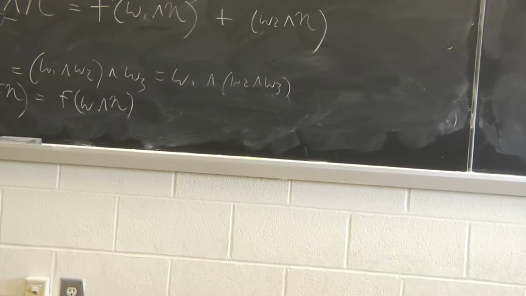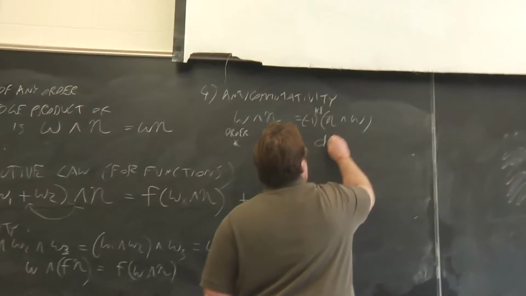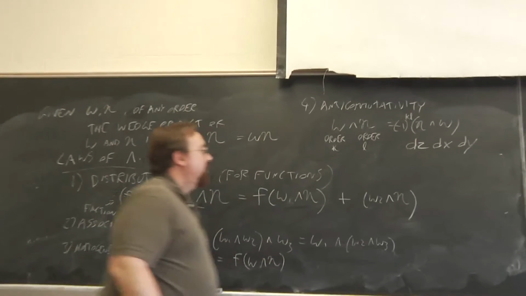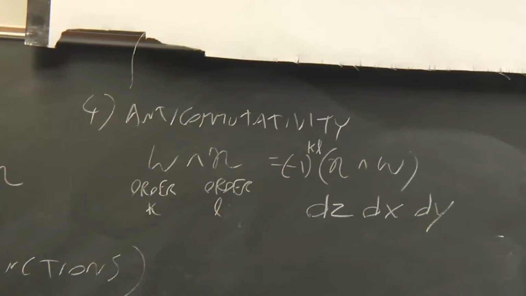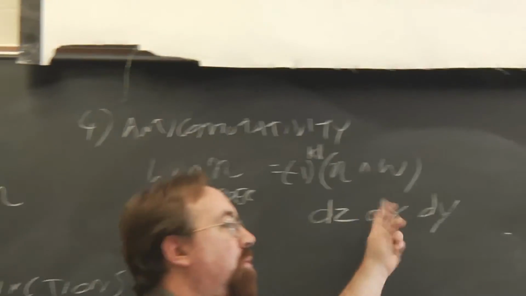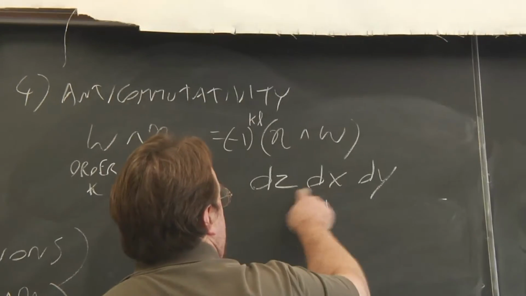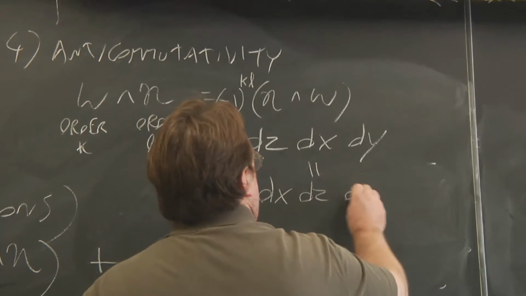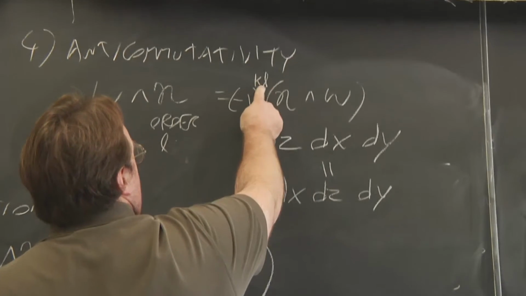Now here's an example that's going to come up pretty frequently. Suppose you have dz, dx, dy is what you're starting with. Well, you'd like to get this in the proper order, dx, dy, dz. For that, you have to do interchanges. So you can interchange dz and dx. But these are both 1 forms, so the product of their orders is 1.